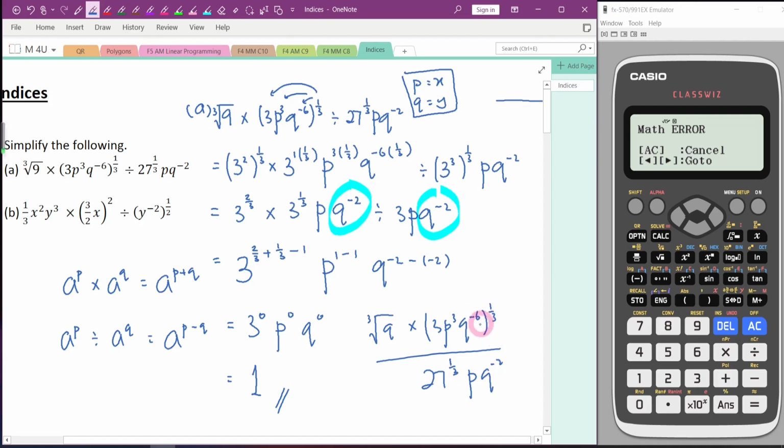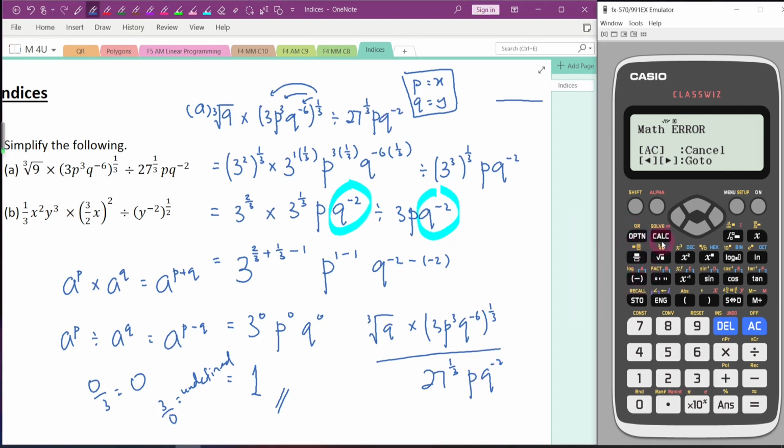If this P becomes 0, the denominator will become 0 here. The denominator of a fraction cannot be 0, right? 0 divided by 3, no problem, you get 0. But 3 divided by 0, you will have a problem. This is undefined. Therefore, you cannot set the value of P to 0. Same thing, if you set Q to 0 here, you also get a math error.